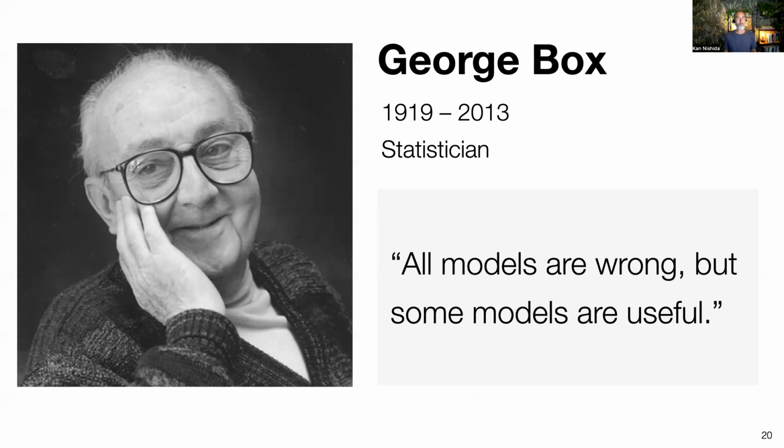There's got to be something already wrong. It's a simplification of the world at the end of the day. So for that matter, it's already wrong, but some of the models are still useful, like you can still use them to predict what's going to happen in the real world.